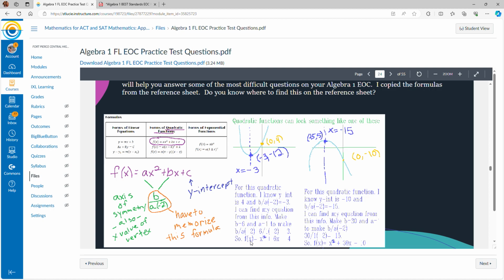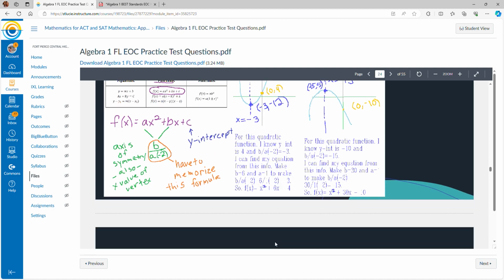So f of x equals x squared plus 6x plus 4. Sorry, those symbols didn't carry over to the PDF. Some things got dropped off.